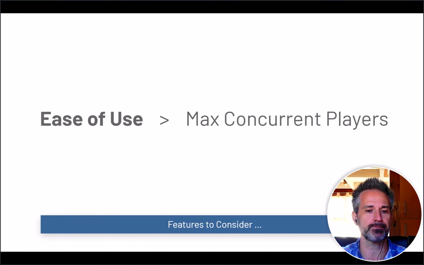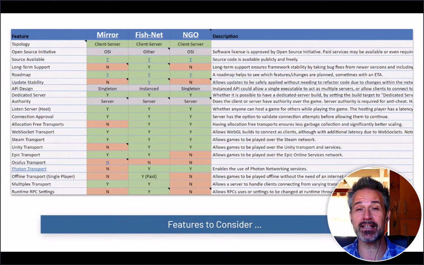Then I found a fantastic spreadsheet that takes Mirror, Fishnet, and Unity's Netcode for GameObjects, those 3 columns there, and it goes through tons and tons of different features and how you might compare them and defines them. So I won't go through it all, but I'll pick out a few. You can have, let's say, the Unity transport layer, which is the way to move your data back and forth.